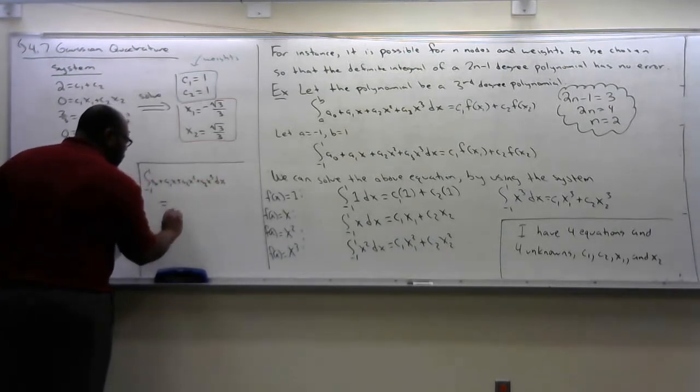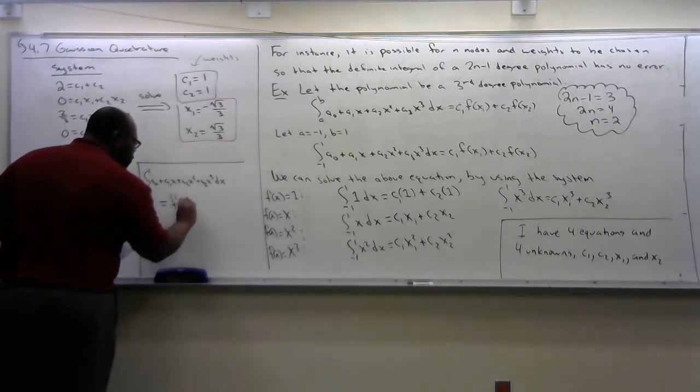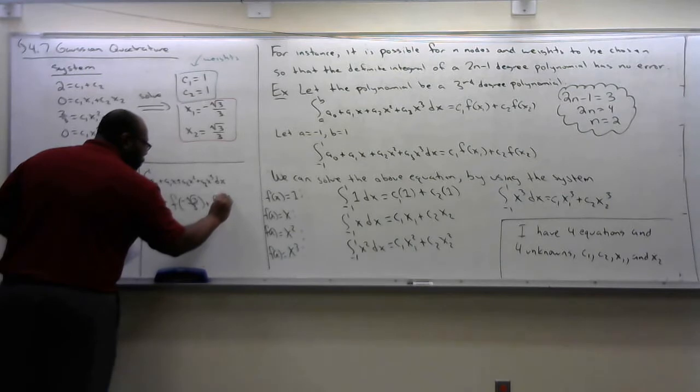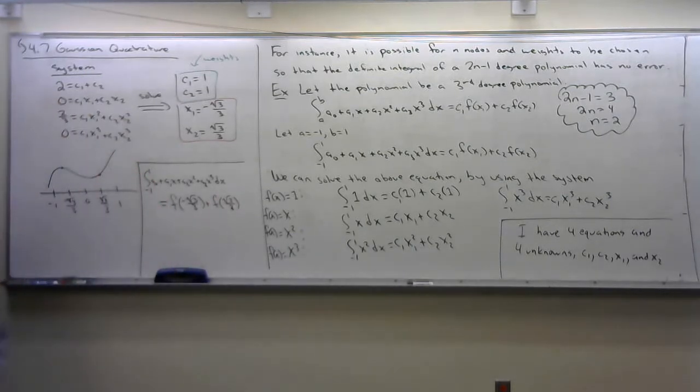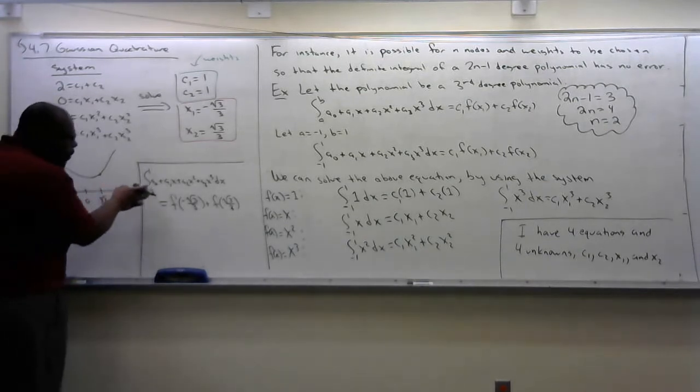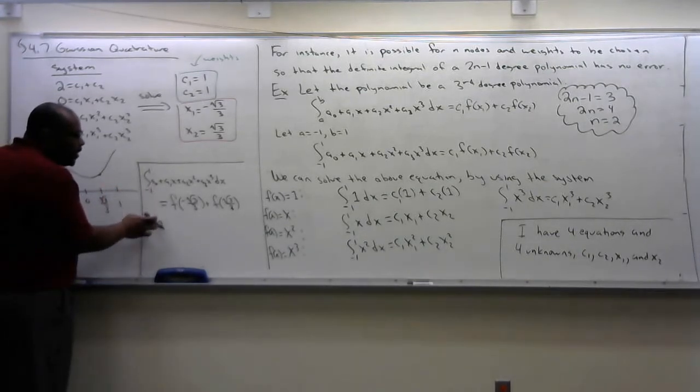This is equal to f of negative square root of 3 over 3 plus f of square root of 3 over 3. This is it. And this will be the value of the polynomial exactly.